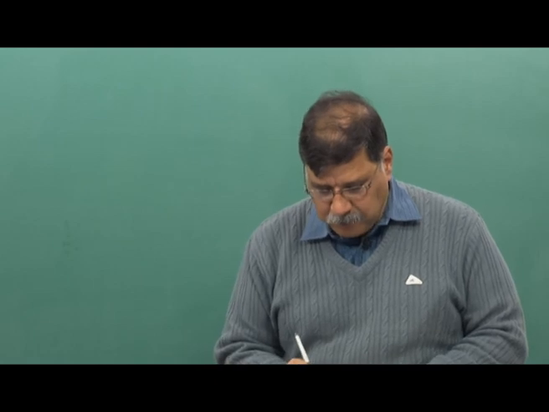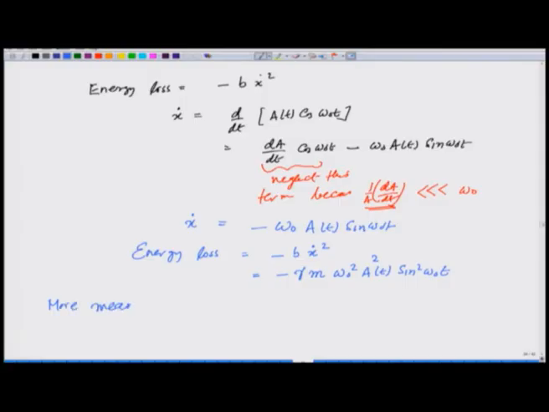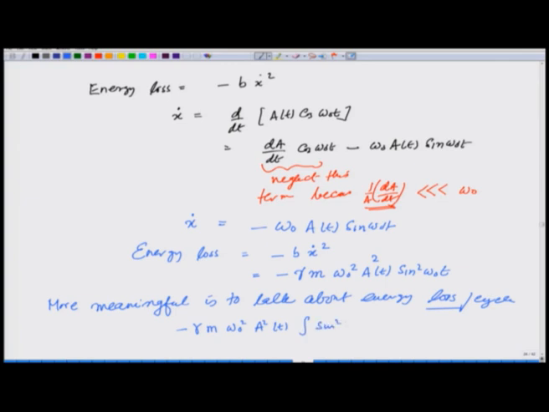More meaningful is to talk about energy loss per cycle. Energy loss per cycle is going to be minus gamma m omega 0 square A square t sine square omega 0 t dt from 0 to T, that means over the cycle.